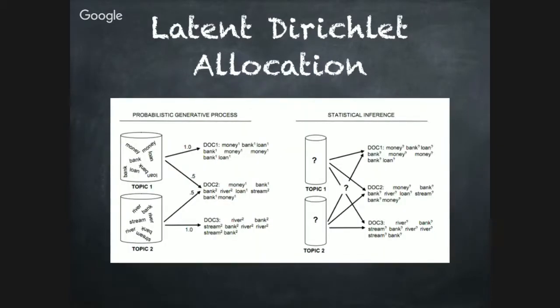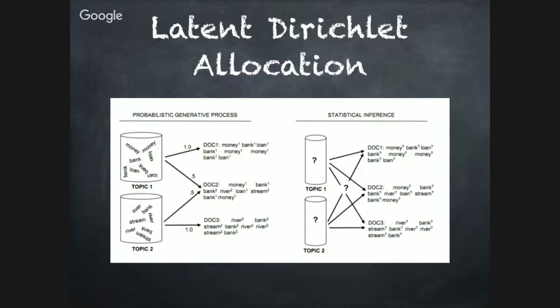So this is how it works. This is the probabilistic generative process. So that is the Dirichlet distribution. They have those two topics, and they throw words into document A, document B, and document C. We have money, bank, loan, bank, money, money, bank, loan. And then we have money, bank, bank, river, loan, stream, bank, money.